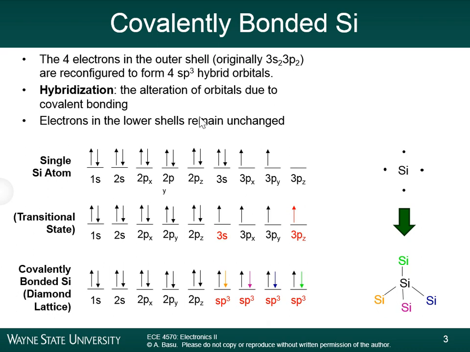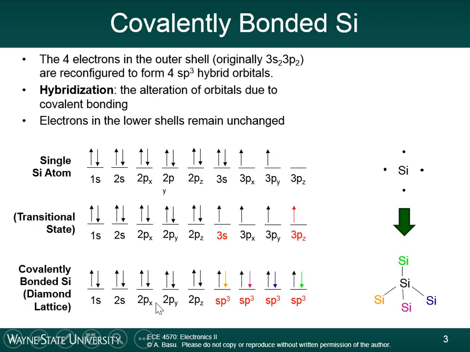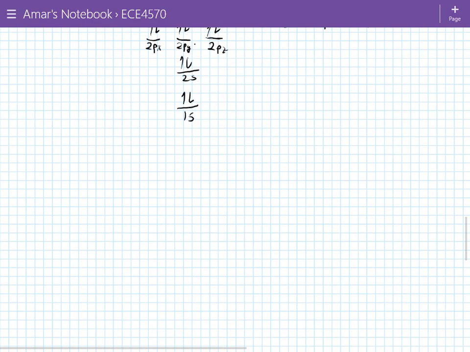So let me draw this out. One thing we're doing is we're literally changing the shape of the orbital.